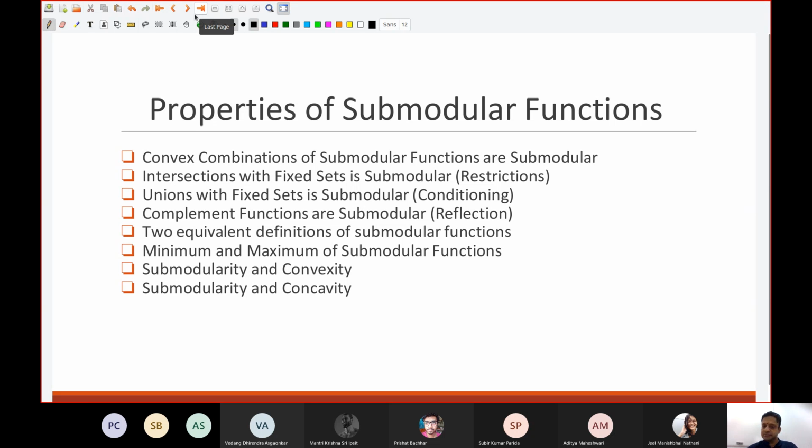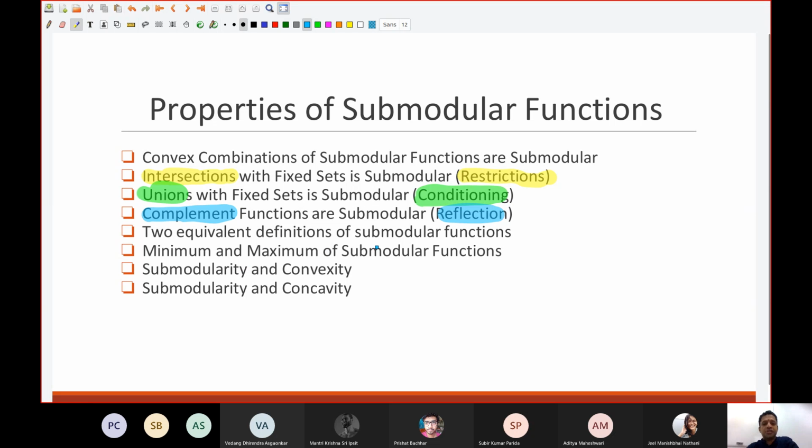Unions with fixed sets is called conditioning. Intersection is called restriction. So both of these are submodularity preserving. Complement functions are submodular. They're called reflection.